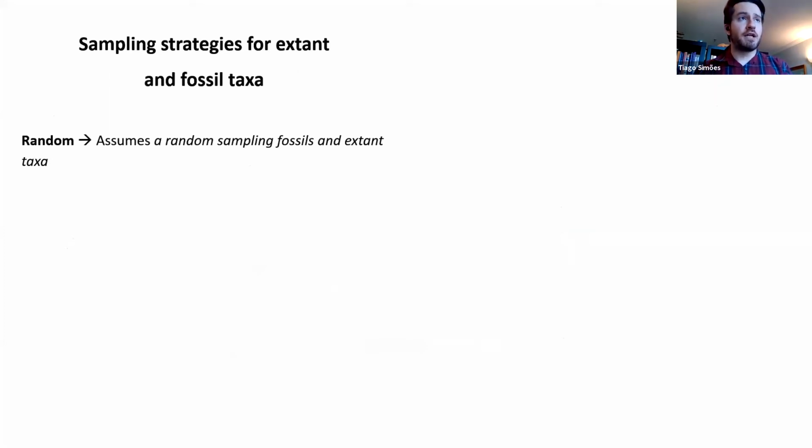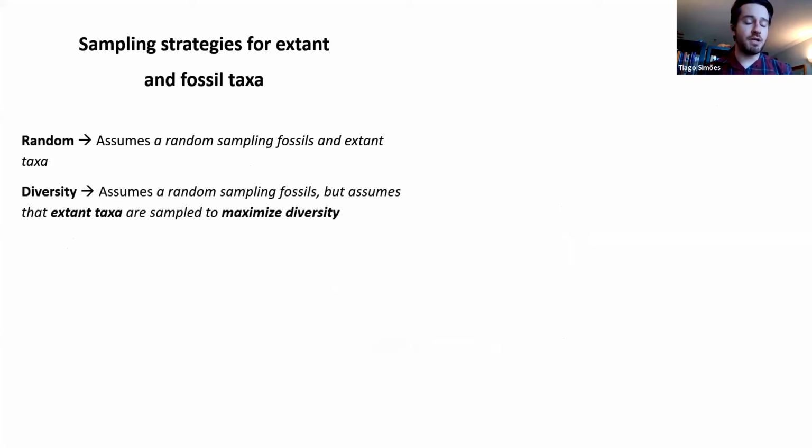One of the other important things is the understanding that we may have very different behaviors of such analyses depending on the strategy we use to sample modern taxa. For instance, we can assume a random sampling of both fossil and extant taxa, or a diversity sampling strategy, which is in fact how most phylogenies using extant taxa are sampled.